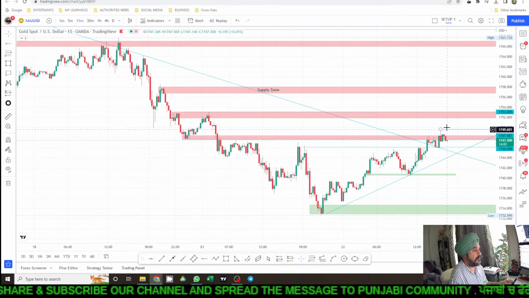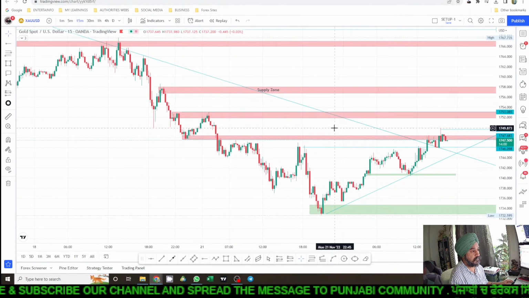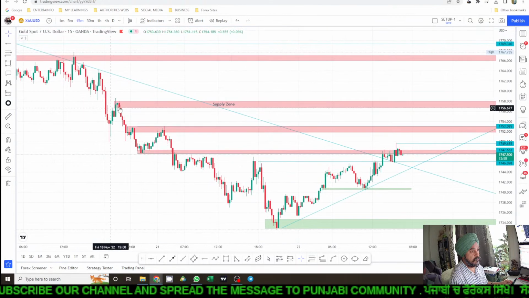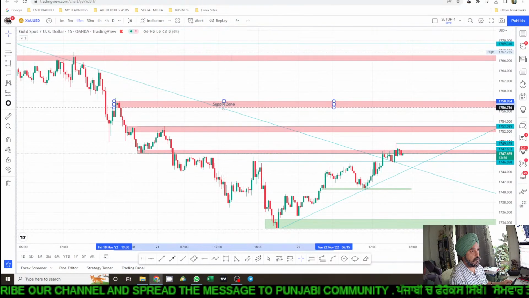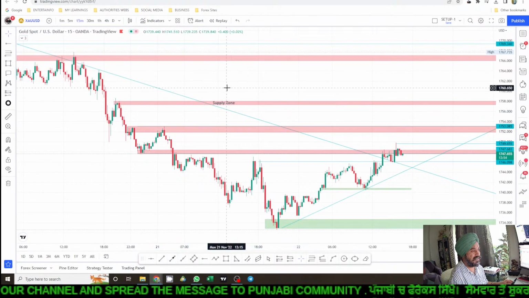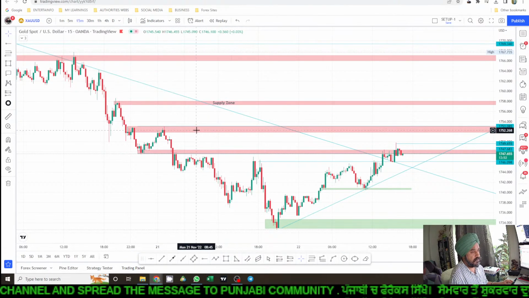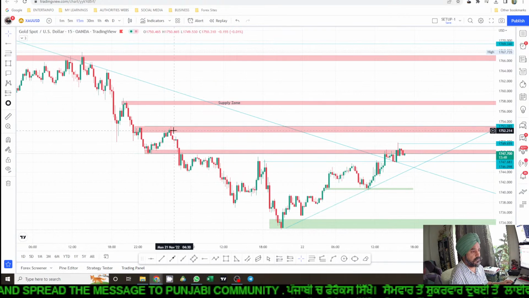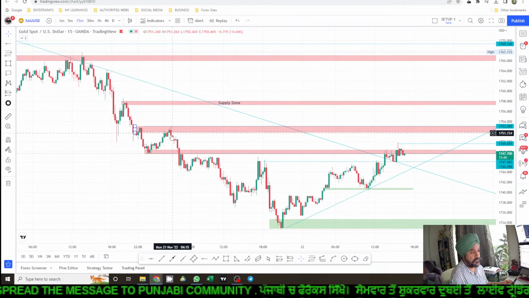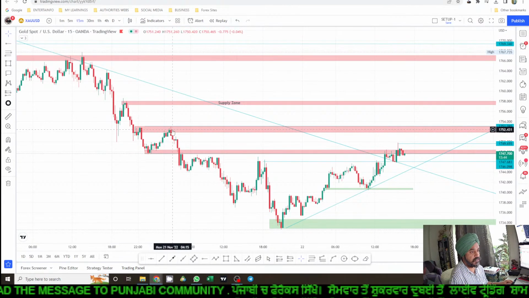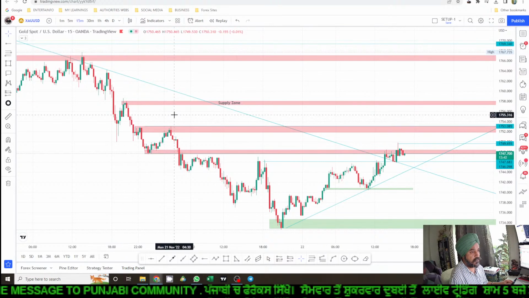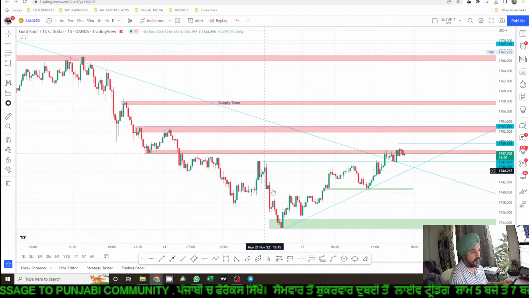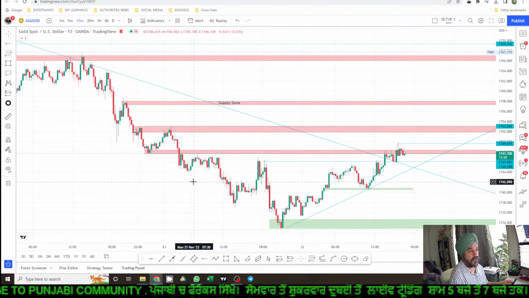Maybe after 20 pips there is a stiff resistance, and then we will go upside. There is again a resistance. So I told you gold is having many hurdles. Okay, many hurdles. This is a rejection zone. Second time it attempts to break above, but it failed and is coming down, keep coming down in 15 minutes.